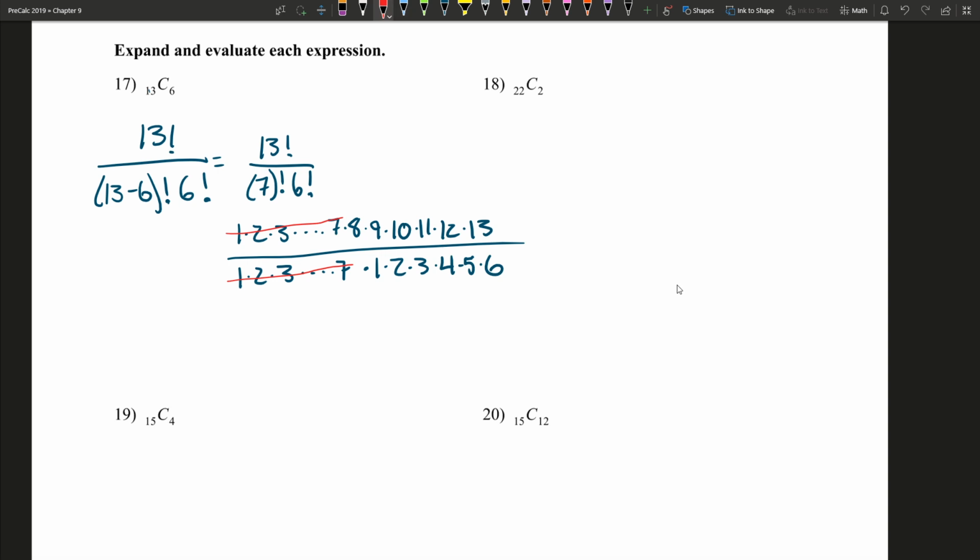And then when we multiply all the remaining numbers together, we will get 1716.